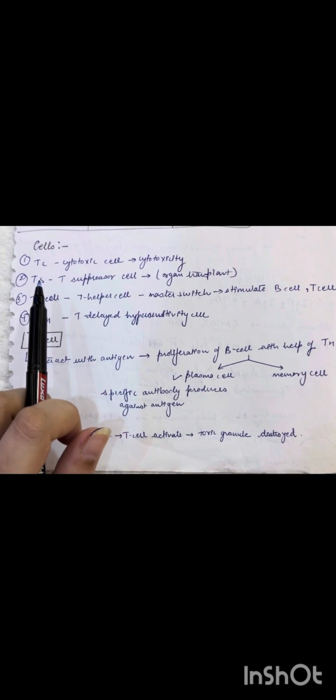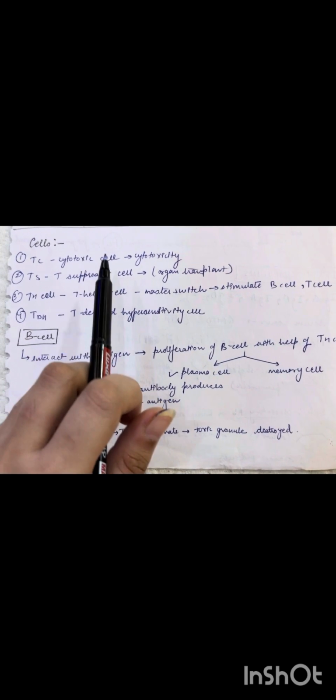So here we'll go in little detail with T cell types. T cells, as we have already discussed, they are the workers of CMI, cell mediated immunity. So first is TC, that is cytotoxic cell responsible for cytotoxicity, direct killing. Second, TS, that is T suppressor cell, which is essential for regulating the response and preventing rejection in organ transplant.